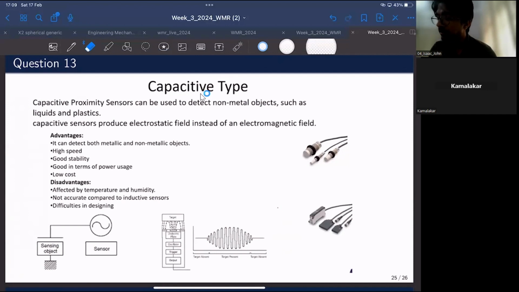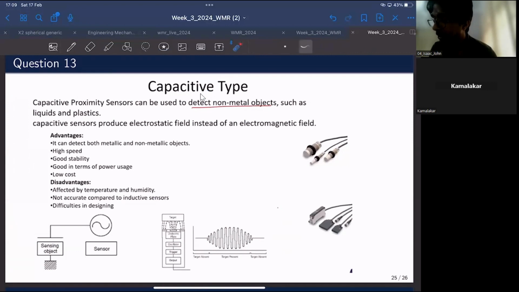And the advantage is that it only needs the presence of a foreign body. It does not have to be metallic. So it can detect non-metallic objects such as liquids and plastics. Those are its advantages.